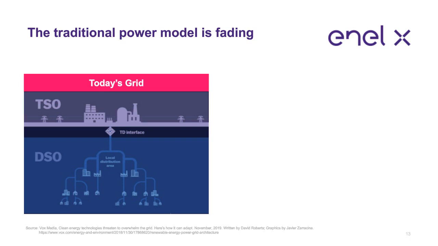And so the grid, the way it was traditionally organized, was built on the centralized model. So large power plants were built. That power was sent wholesale via high voltage transmission lines. You could think of those as the arteries of the system.